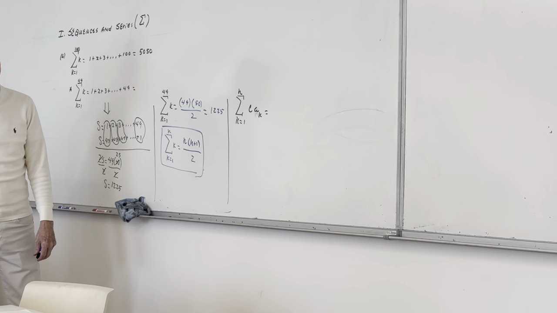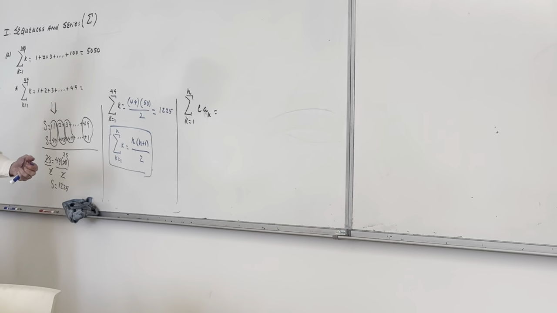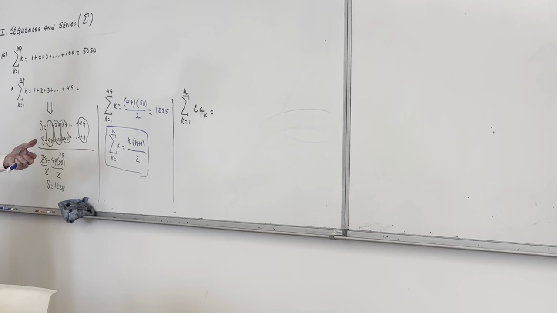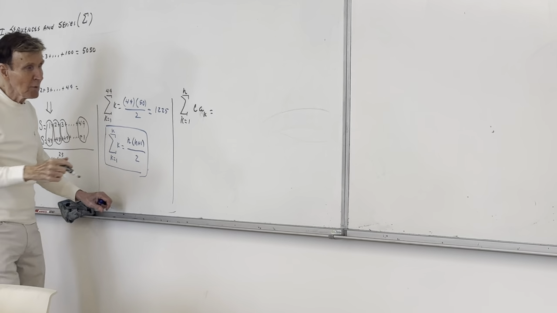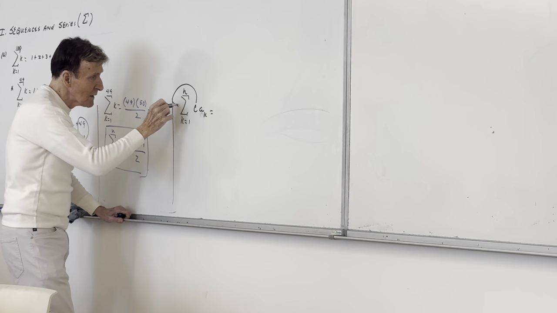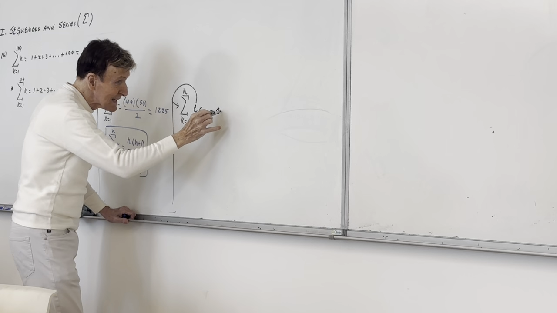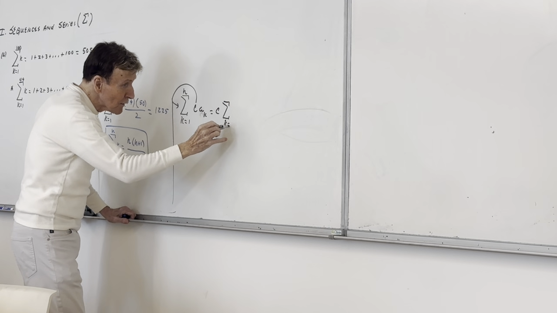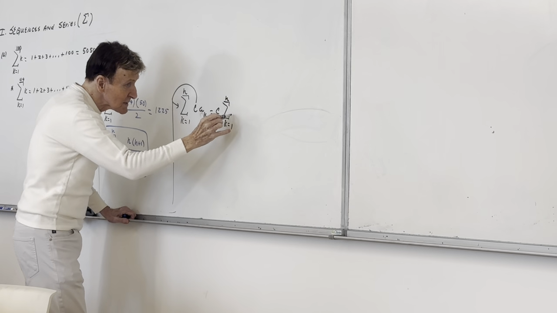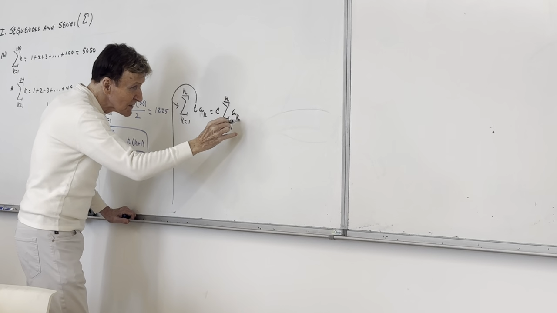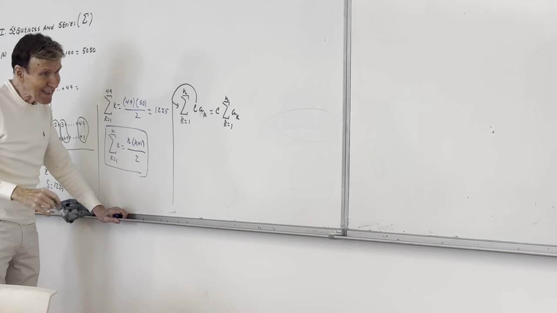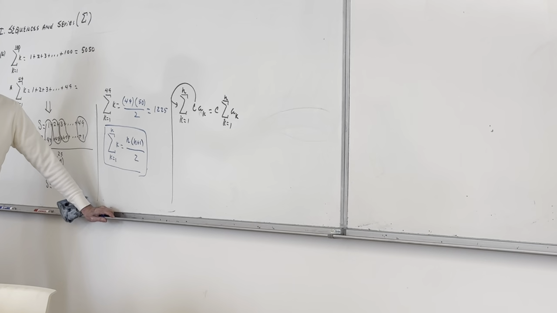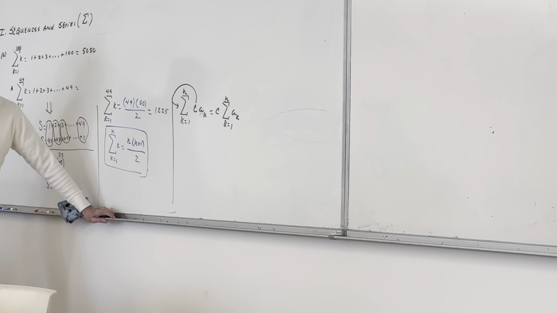And what did the formula tell me I'm allowed to do if I see something like that? I can move the C out front and rewrite this as C, the coefficient out front, then my summation from 1 through n of this expression they used in the textbook, A subscript K. I'll show you what that means shortly.